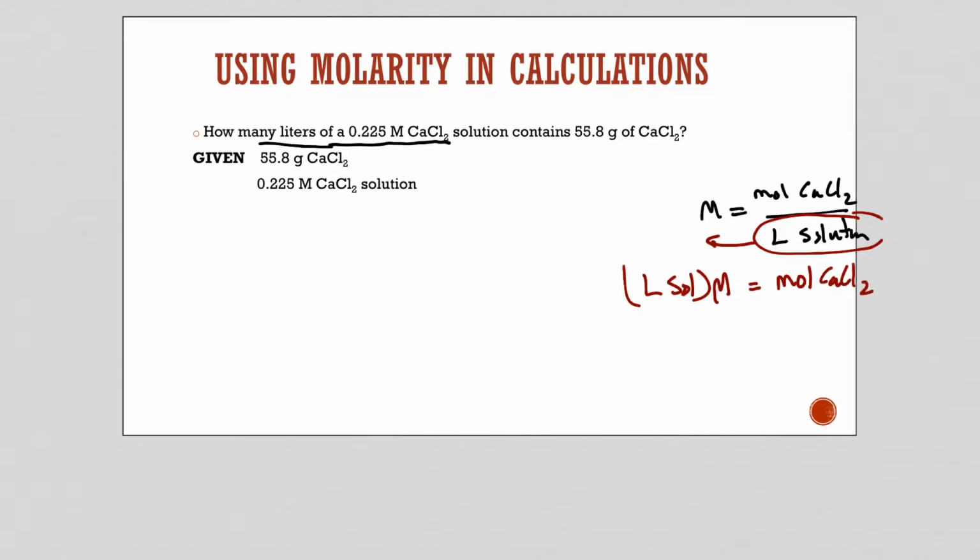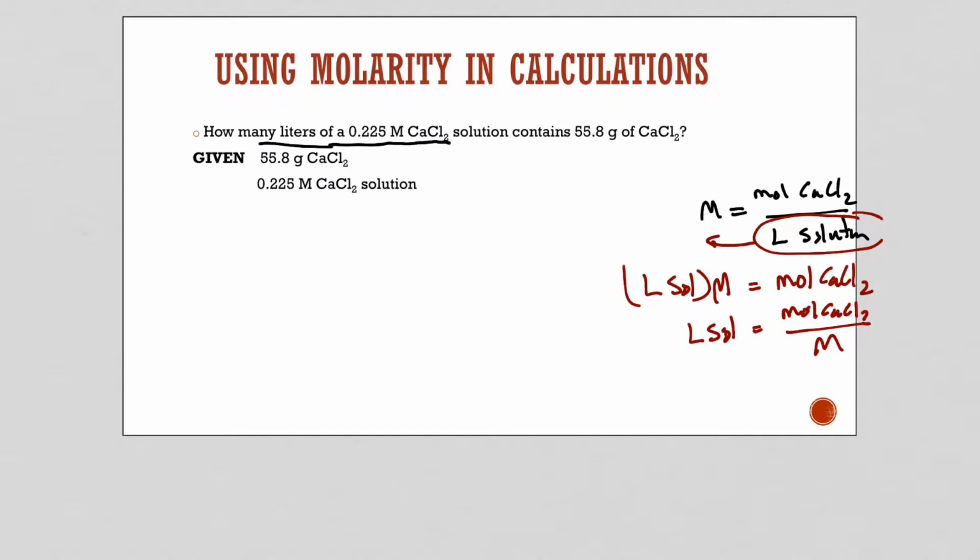And then I can get the liters by itself. The liters of solution equals the moles of calcium chloride divided by the molarity. So I can divide both sides by molarity. It cancels out over here, and we end up with our formula that we can solve for the volume of solution. So the volume of solution will be moles divided by molarity.